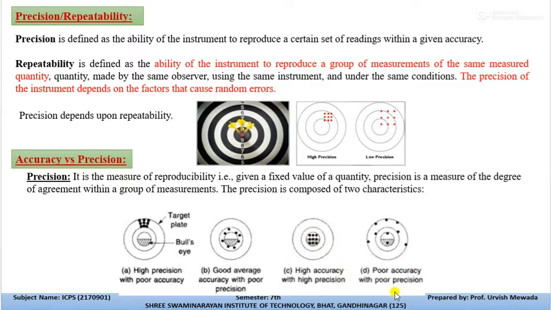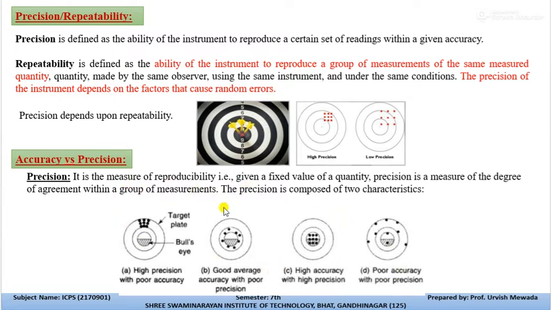Now, poor accuracy with poor precision. Maybe some values we get from the instrument are near to the expected value, but many times we get a different value, and those values are not similar to each other. That's why it is called poor accuracy with poor precision. Now, precision is described over here.